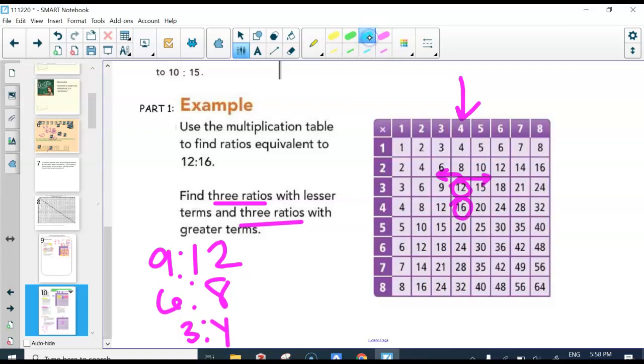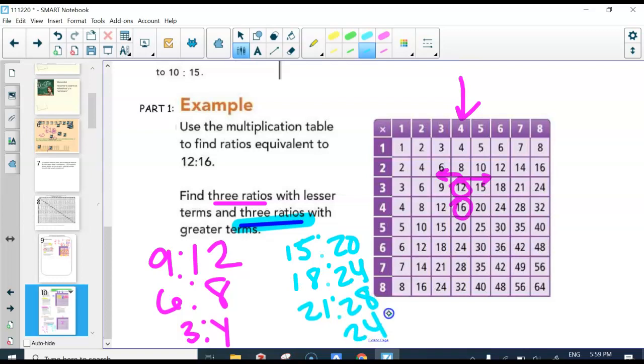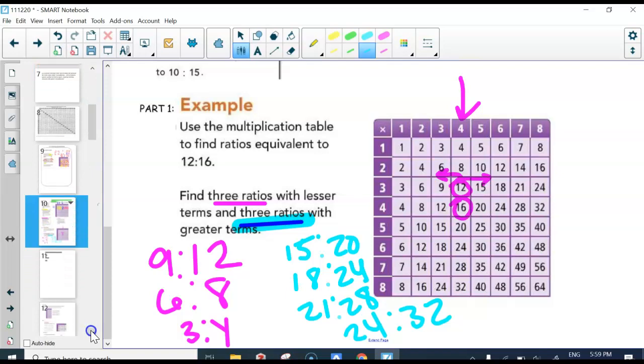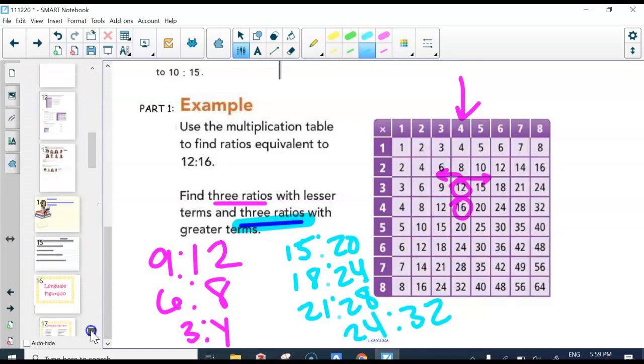Greater terms would be 15 to 20, 18 to 24, 21 to 28, and 24 to 32. Okay? Esos son iguales. Okay, these are equal. Okay? That's what we were working on today.